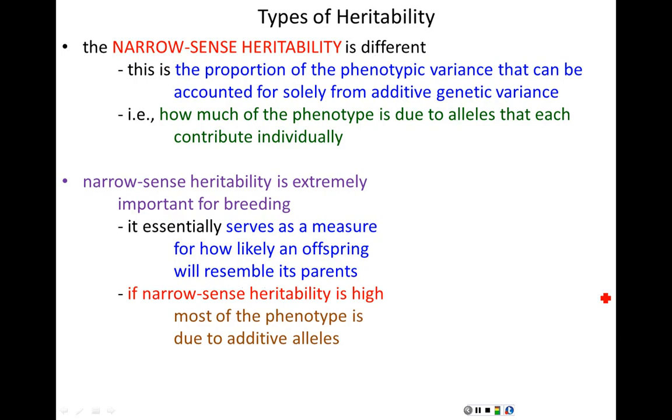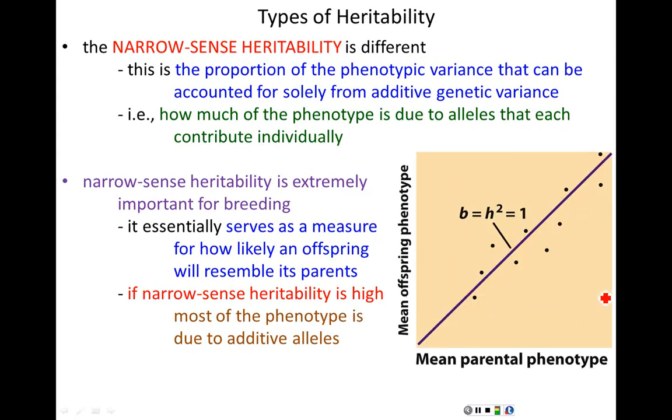If the narrow sense heritability is high, what that really means is that most of the phenotypic variance is due to not only genetics, but it's due to additive alleles contributing equally and independently to the trait. When you have high narrow sense heritability, the correlation between the average parental phenotype and the average offspring phenotype is extremely high.